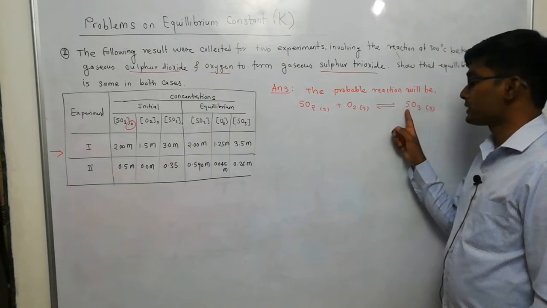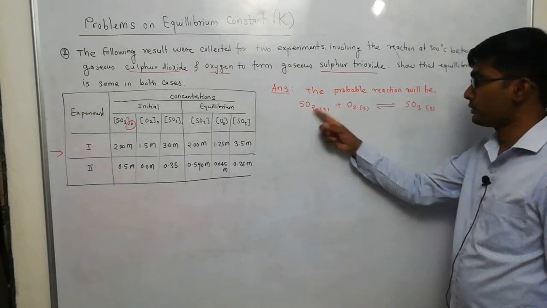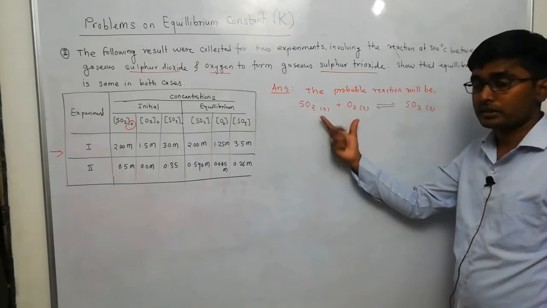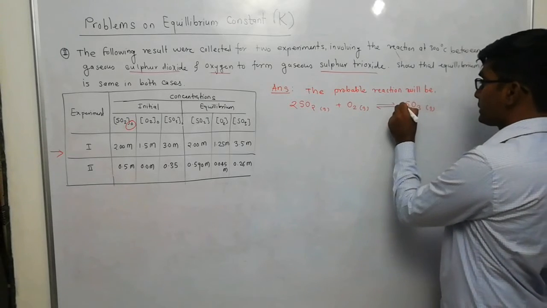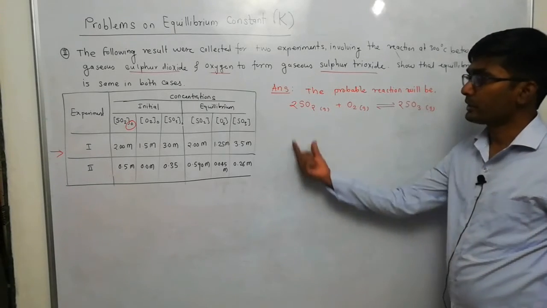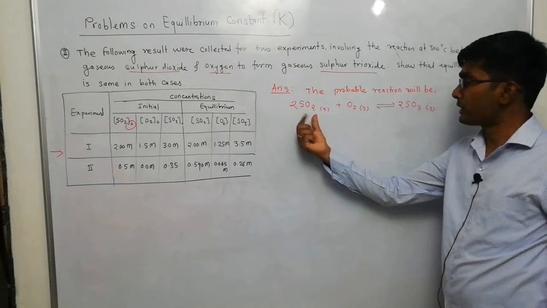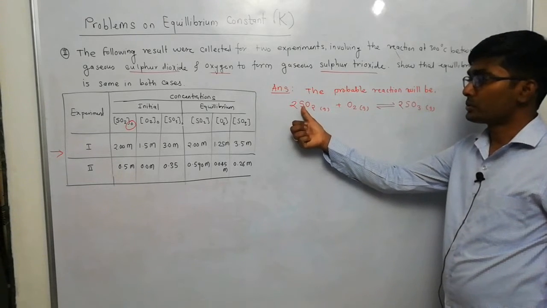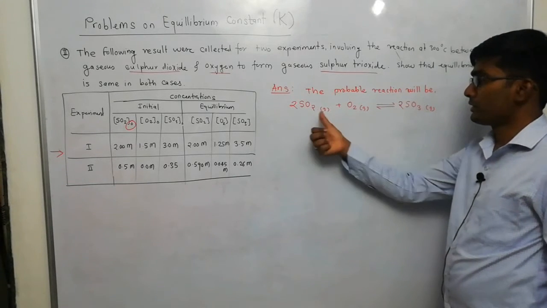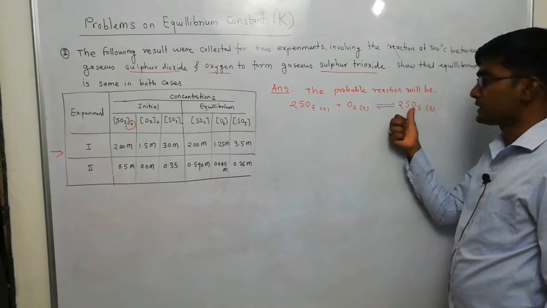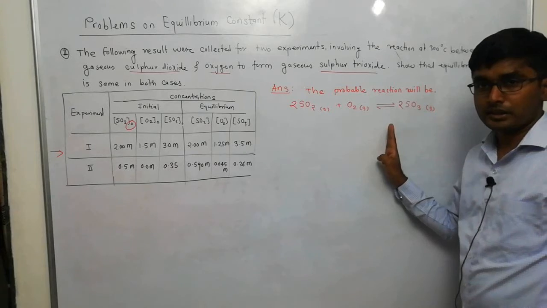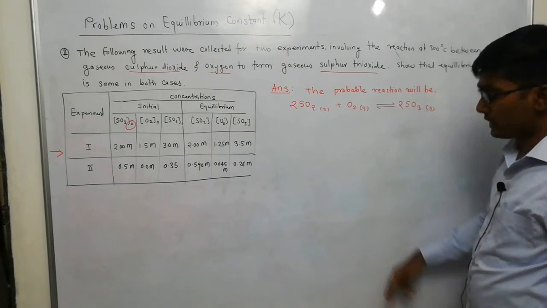Sulfur is balanced but oxygen is not balanced. Then what to do? If I multiply by a factor of 2 here and a factor of 2 here, the reaction will become balanced. Let us check. 2 sulfur, 4 oxygen, 4 plus 2 is 6, and 3 times 2 is 6. Now this is a balanced, or stoichiometric, reaction.